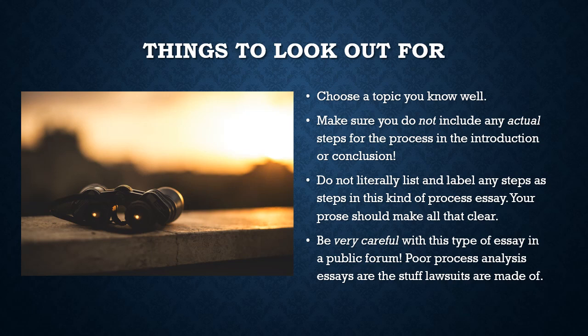Just talk about it in such a way that it's clear you do this first, then you move to the next step, then you move to the next one. I just used the word step, but you know what I mean. Use those transition words that we talked about on the previous slide to show that when you have completed what you are doing here, you need to move on to the next stage in the process.